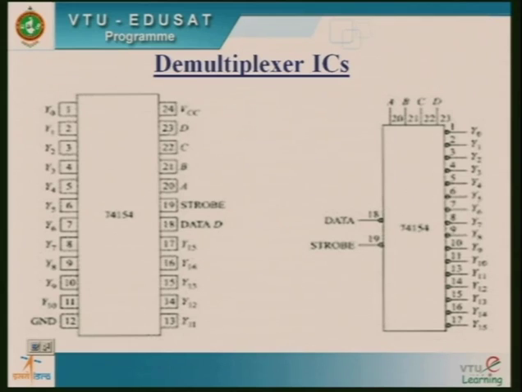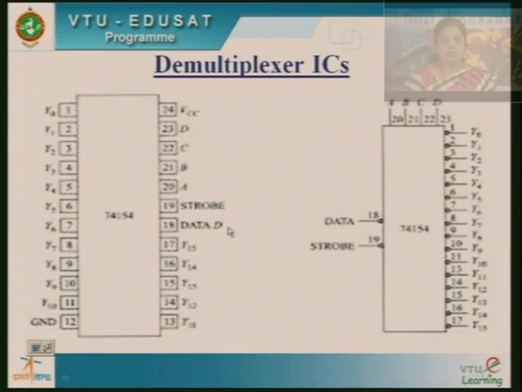So this is the demultiplexer IC available. You can see here we have inputs, strobe, an additional signal. It is also called enable. Enable and strobe are basically to enable or disable the demultiplexer IC.